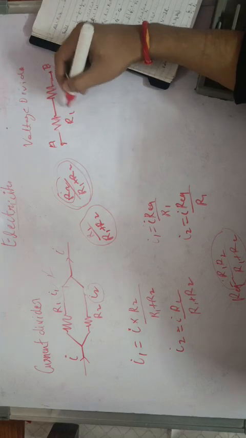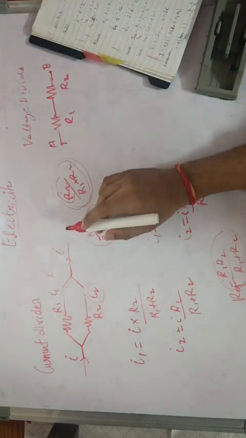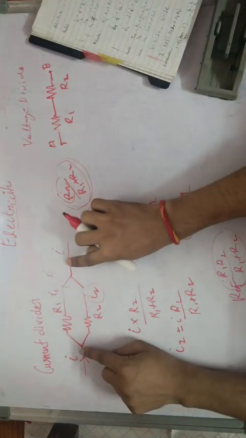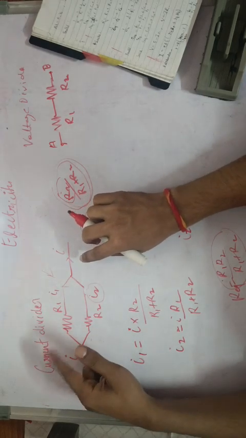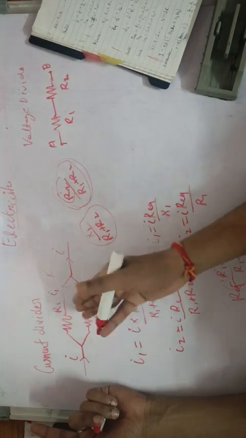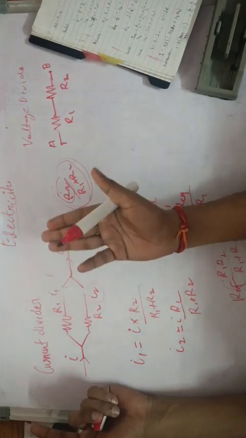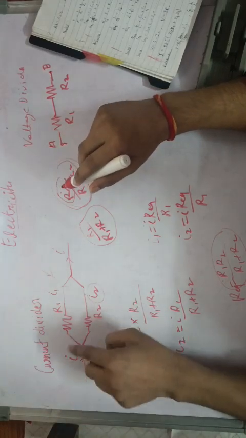This is R1 and this is R2. Since if I add the resistors parallelly and provide them potential from these sides A and B, the potential difference for both of them will be same. So in this case there is no voltage divider.